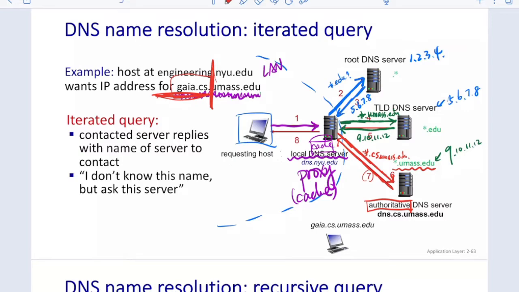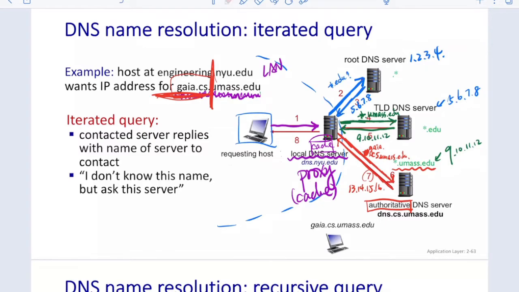So the answer might be 13.14.15.16. It says, I know gaia.cs.umass.edu because I'm the authoritative name server. You don't have to ask somebody else because I know all the answers.